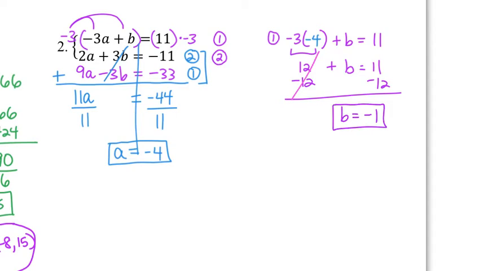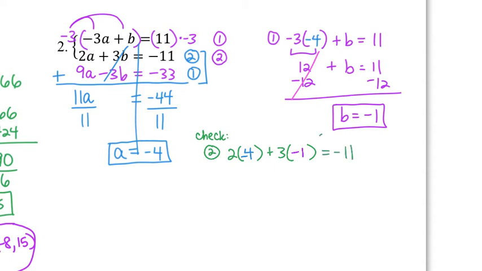Okay, we've got a, we've got b. Let's check it. We just used equation number 1 to solve for our second variable, so we need to check it in equation number 2. Equation number 2 says 2 times our a, which is negative 4, plus 3 times our b, which is negative 1. Is that really equal to negative 11?